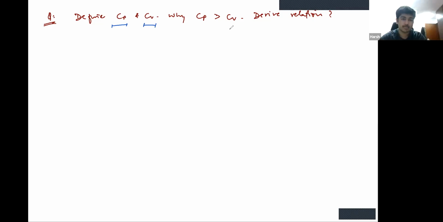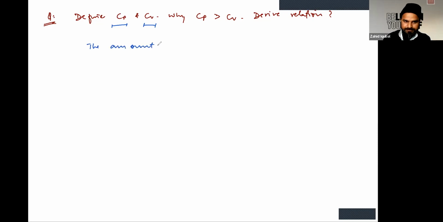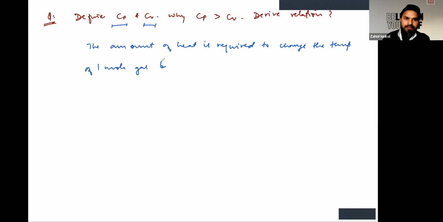So you may define it as the amount of heat required to change the temperature of 1 mole of gas by 1 Kelvin at constant pressure.